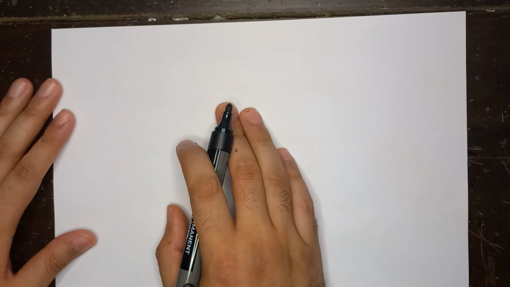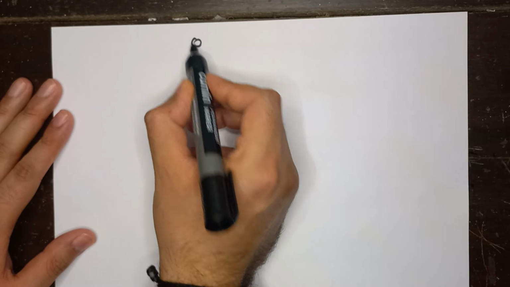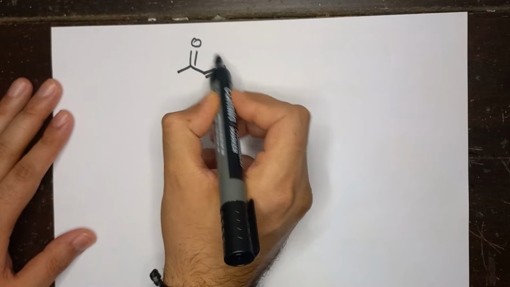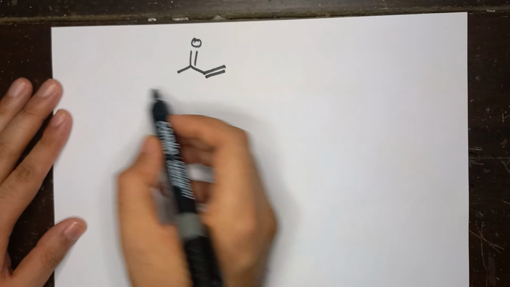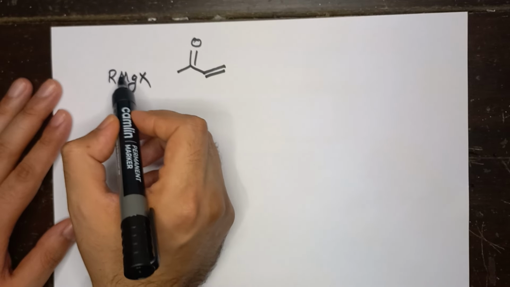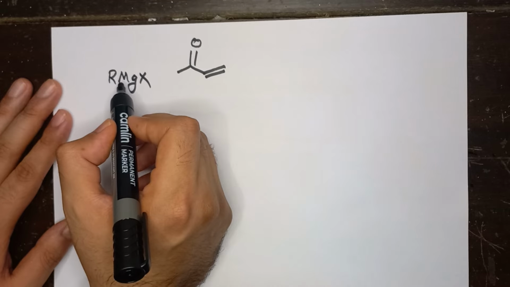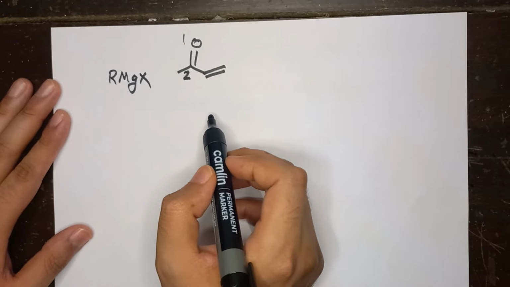Okay, I want to talk something important. Suppose I have a carbonyl system, a alpha beta unsaturated carbonyl system, and if I react it with a Grignard reagent, so we know that Grignard reagent is very strong and it will do the 1,2 addition selectively.